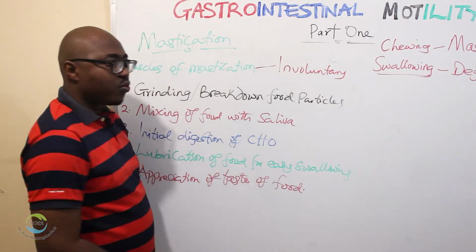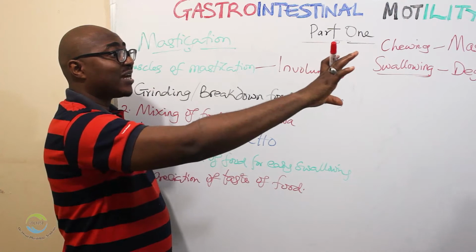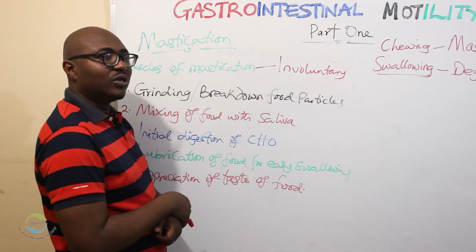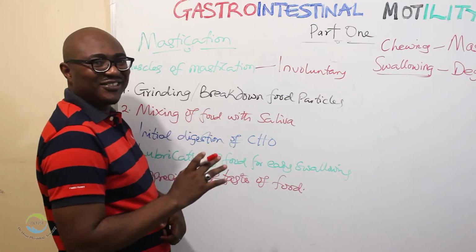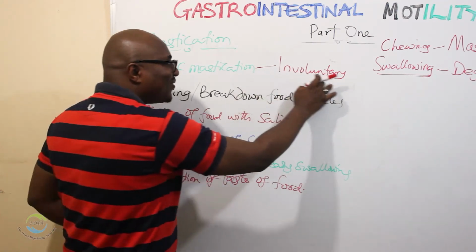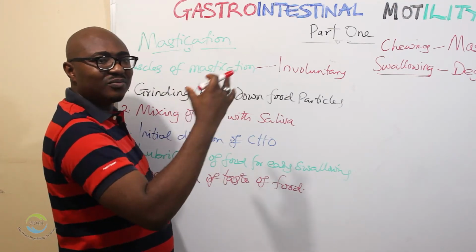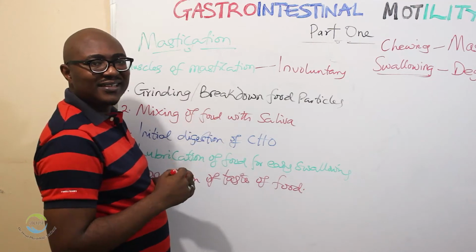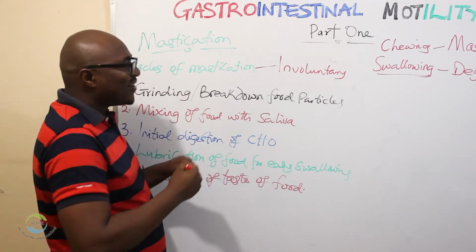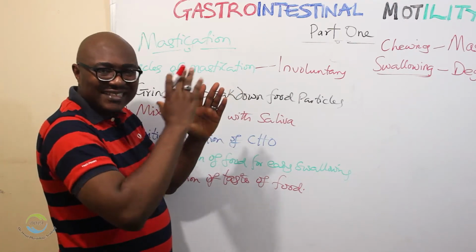That's why you can be watching a movie and your mind is totally focused on the movie, and you are eating, you are chewing, but you are not consciously chewing at that moment. It's involuntary. So how can you be closing your mouth, opening it, contracting your muscles without consciously doing it? It's a reflex.